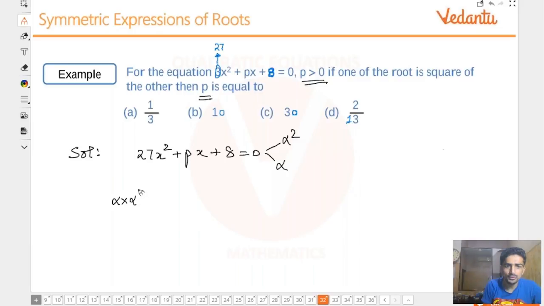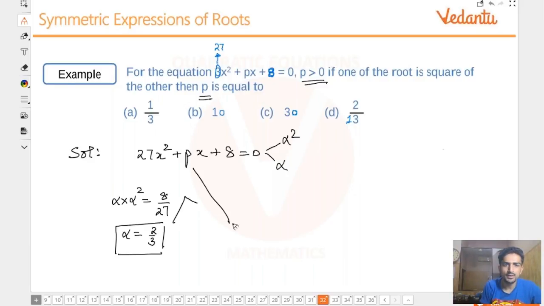First of all, I'll use the product of roots, c by a. So alpha is 2 by 3. Clearly, alpha satisfies the equation. So 27 into 4 by 9 plus 2p by 3 plus 8 equal to 0.